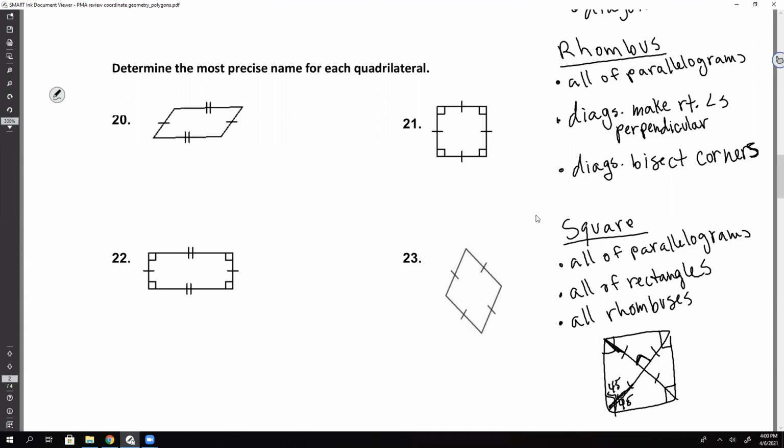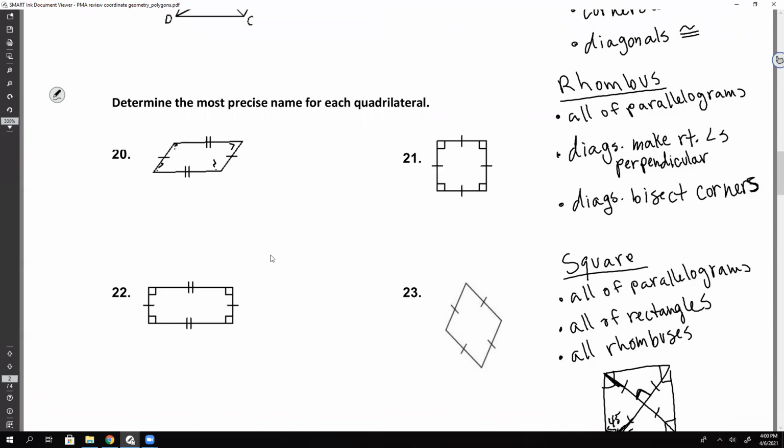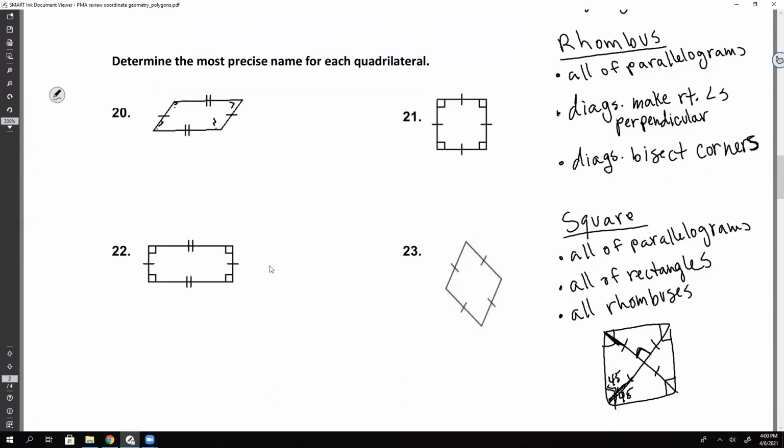So like the top is equal to the bottom, the left is equal to the right. Well, we don't know anything about the angles here. We don't know if the diagonals would be perpendicular. We don't know if the angles are right angles. All we know is the opposite sides are congruent. So that one would have to be filed underneath a parallelogram.